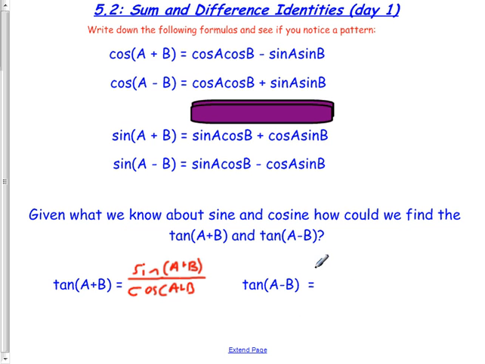And likewise, you could do the same thing for tangent of a minus b: the sine of a minus b over the cosine of a minus b.